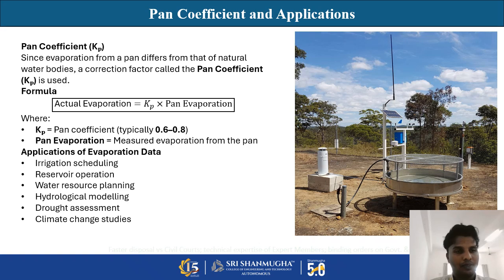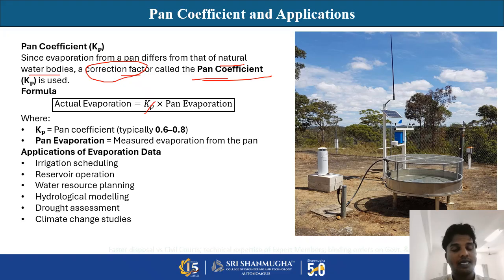Since the evaporation from the pan differs from natural water bodies, a correction factor is applied, called the pan coefficient. So the actual evaporation is Kp, the correction factor, times pan evaporation.